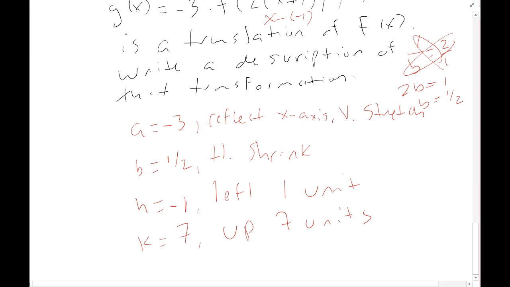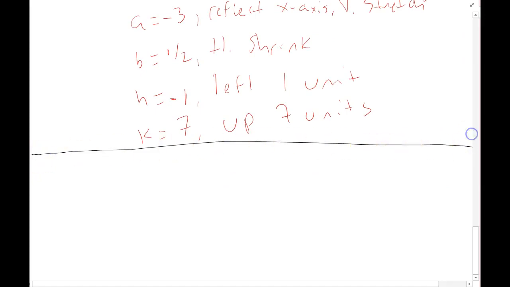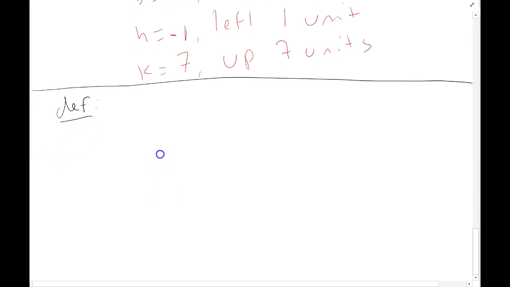The last topic that we need to worry about, there are 2 more topics that we need to worry about. So I'm going to put a hard line through here because this is not directly related to what we are doing. So I'm going to define a few terms. We're going to define the terms odd and even.